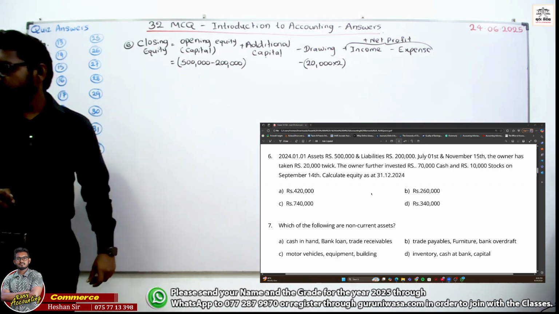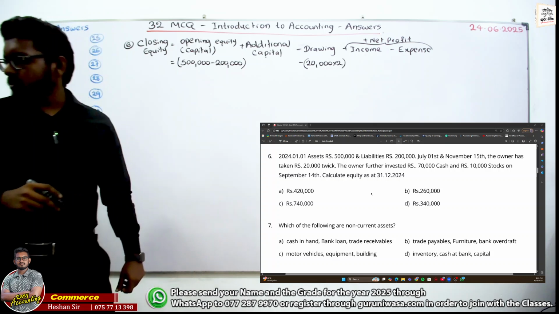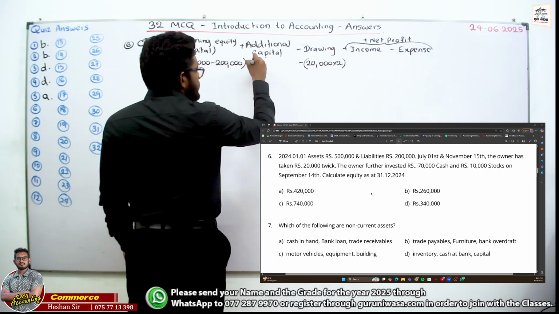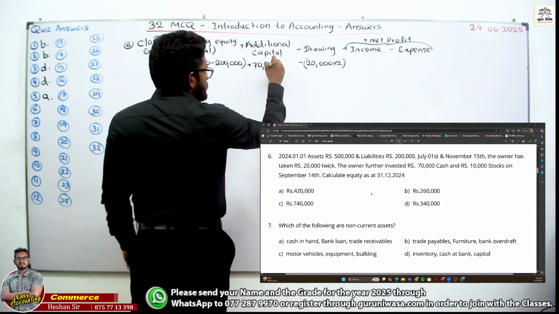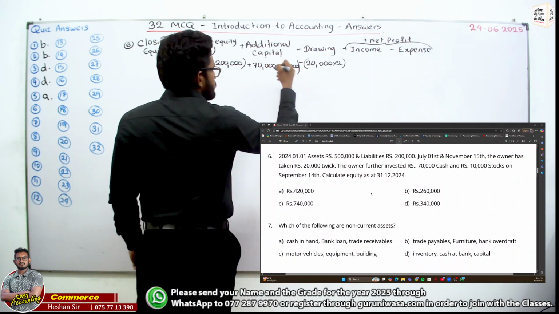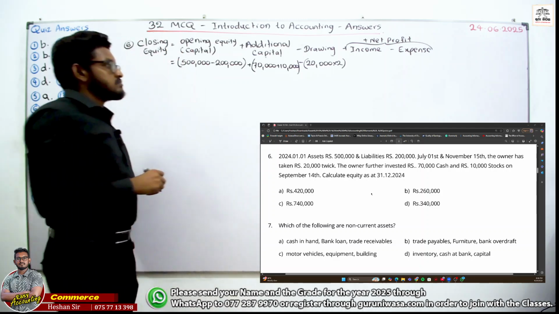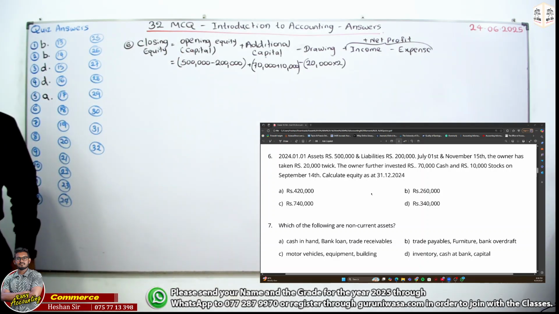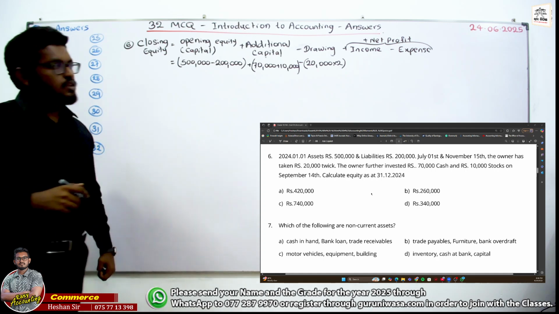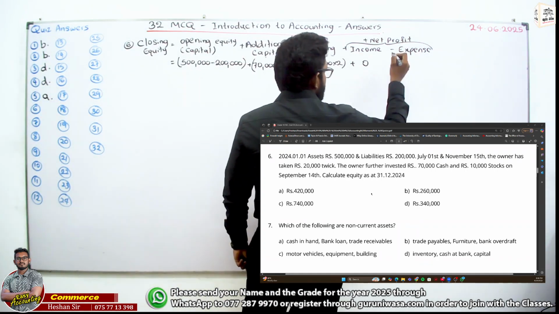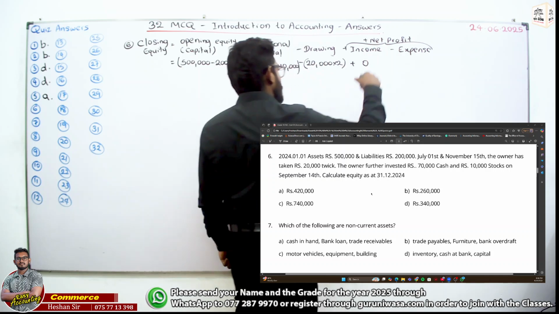Further invested 70,000 cash and 10,000 stocks. Additional capital 70,000 and 10,000. Seems there is no profit in the business, no income, no expense. No net profit.